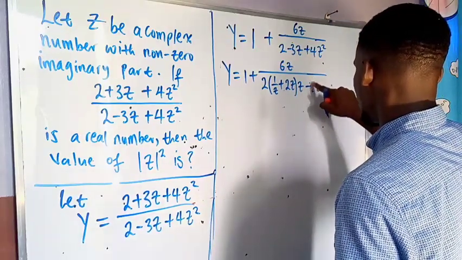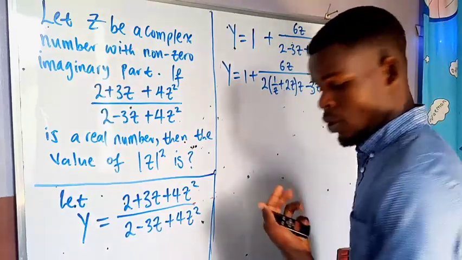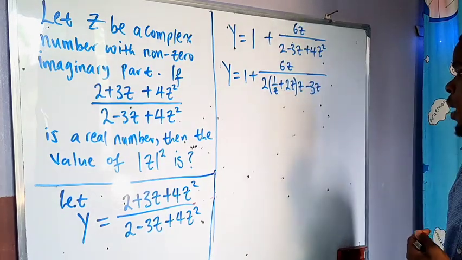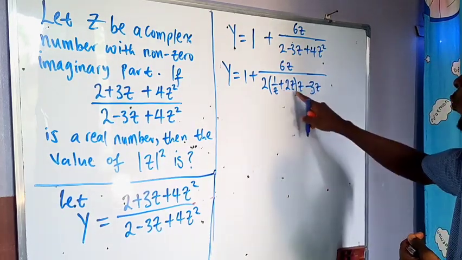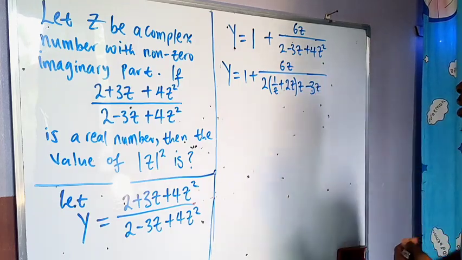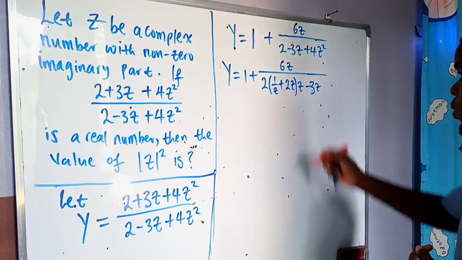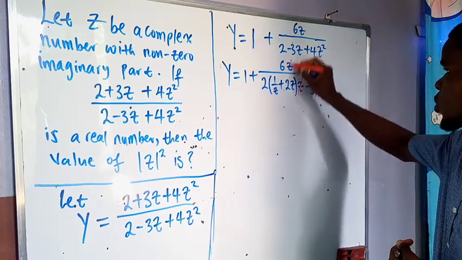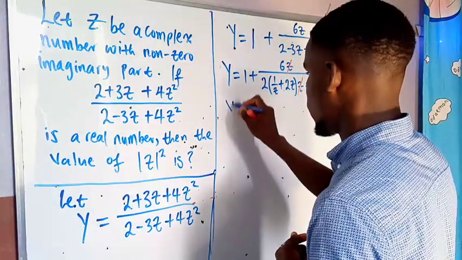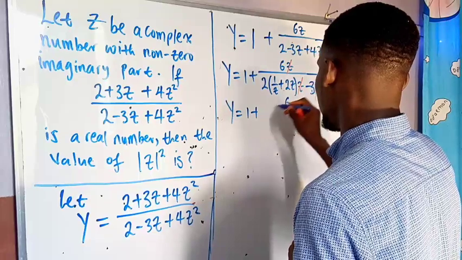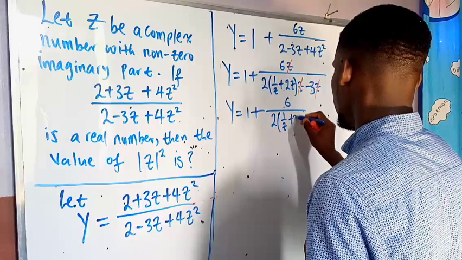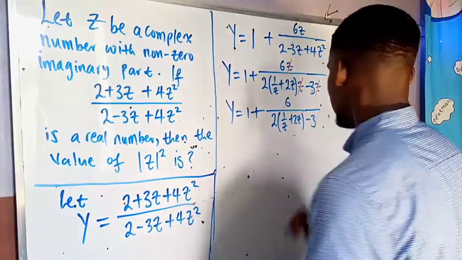As you can see, we factored out a 2 from 2 and 4, and then I factored out a z where 2 didn't have a z, that's why I'm having 1 over z here, and one of these z's is outside, and the 3z has not been touched. But as you notice, z is common in the denominator, so we can use that to cancel the z at the top, and that tells us that y is 1 plus 6 divided by 2 times (1 over z plus 2z), and then we subtract 3 from that.